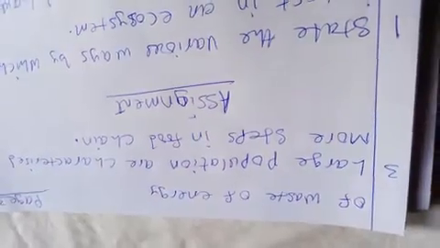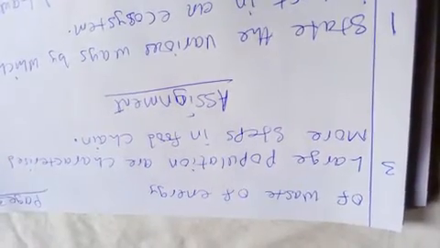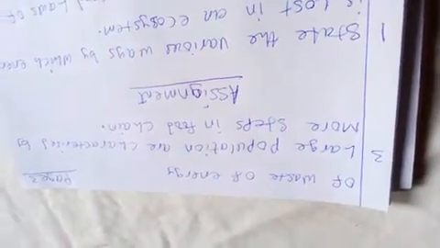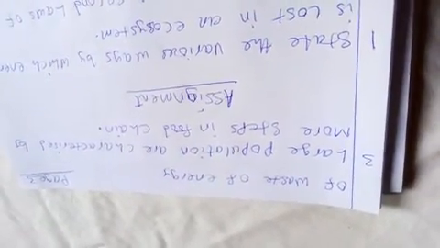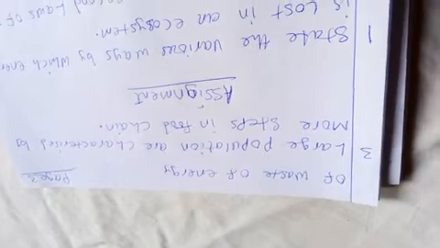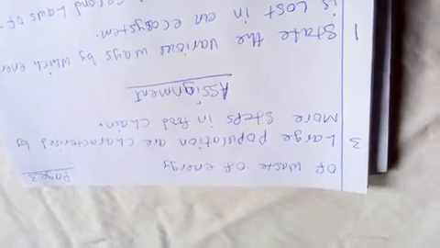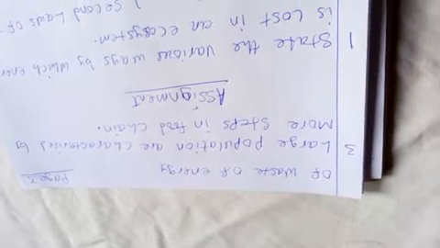So these are the 3 ecological pyramids that we have: pyramid of numbers, pyramid of energy, and pyramid of biomass. It's important to note that in all the 3 pyramids, energy keeps on decreasing from the producer to the top consumer.